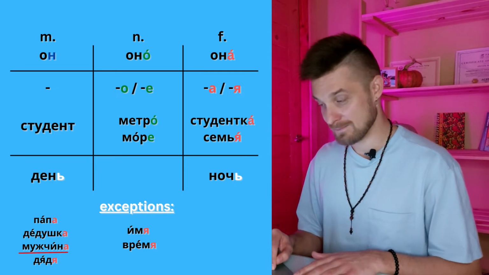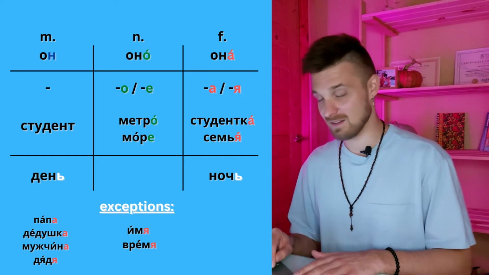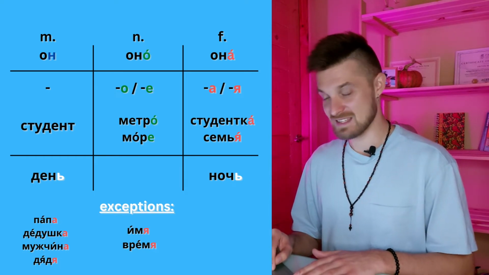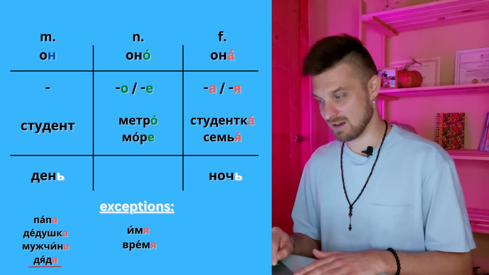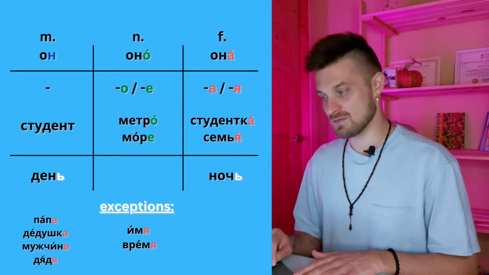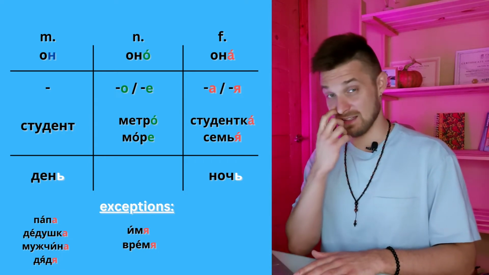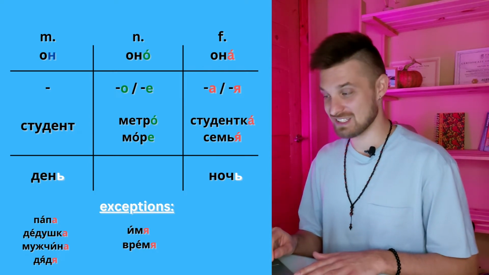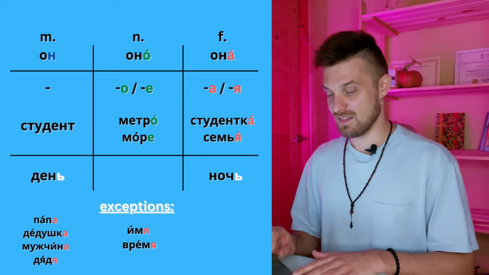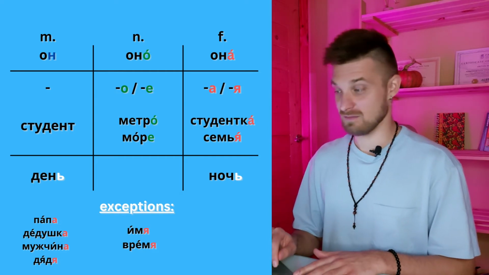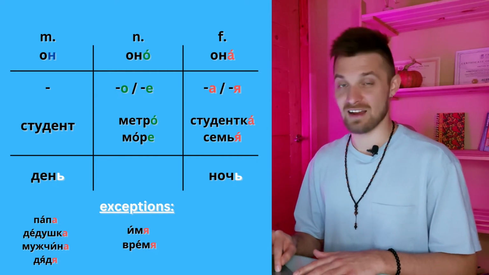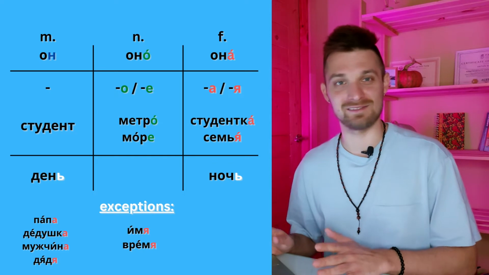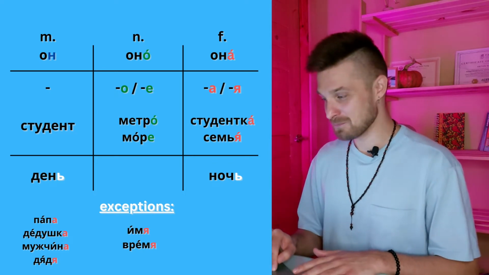Мужчина means man. And дядя means uncle. So even though these words end with feminine endings like a and ya, papa, дедушка, мужчина, дядя, they are masculine because they describe masculine people.